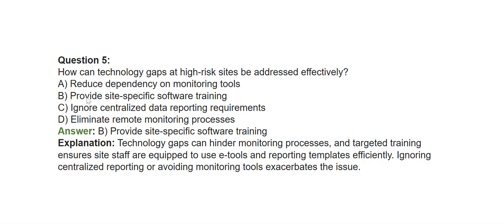It's B, provide site-specific software training. Technology gaps can hinder monitoring processes, and targeted training ensures site staff are equipped to use e-tools and reporting templates efficiently. Ignoring centralized reporting or avoiding monitoring tools will not help resolve any issue, but will exacerbate it.